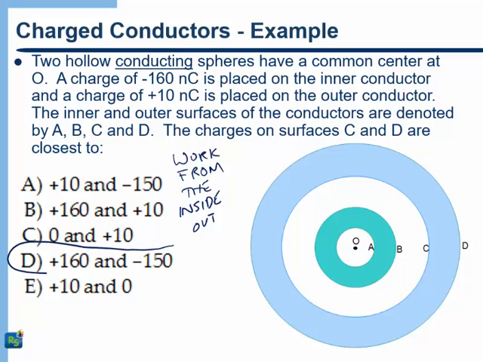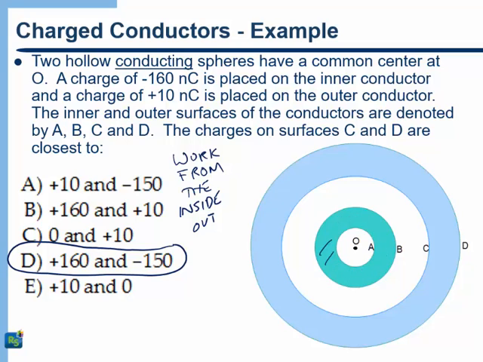And let's go through and see how we figure that out using the fact that the electric field inside a conductor in electrostatic equilibrium is always 0 and using Gauss's law. So as I mentioned, I'm going to work from the inside out. So this is my inner conducting shell.